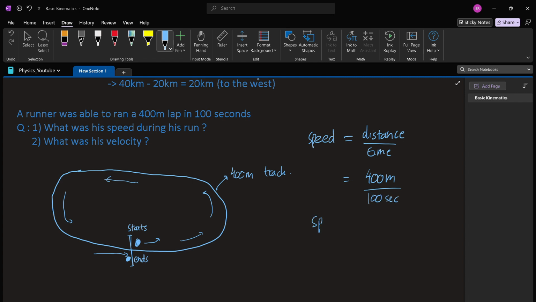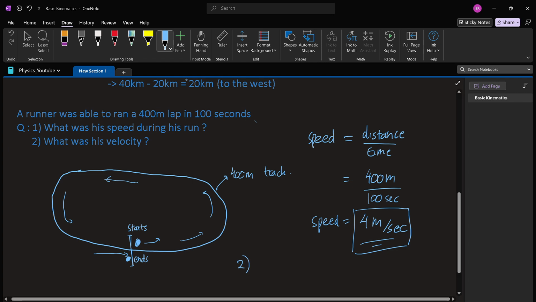That means his speed was 4 meters per second, and this is his average speed. He might not accomplish the whole lap running 4 meters per second. Maybe some parts of the lap are faster and some are slower, but on average it's 4 meters per second, and that is the speed. This is for question number 1.